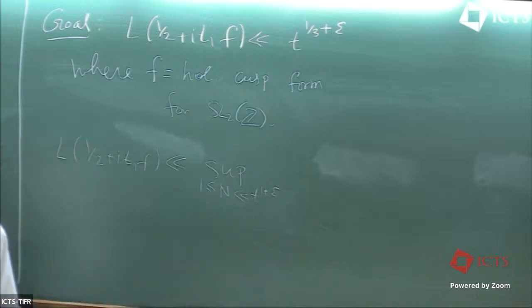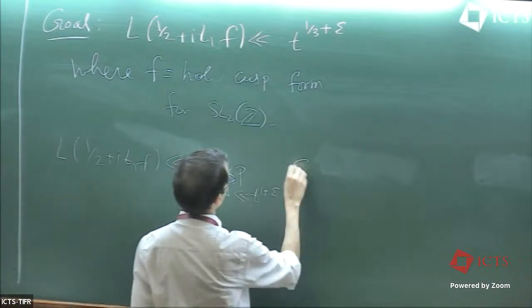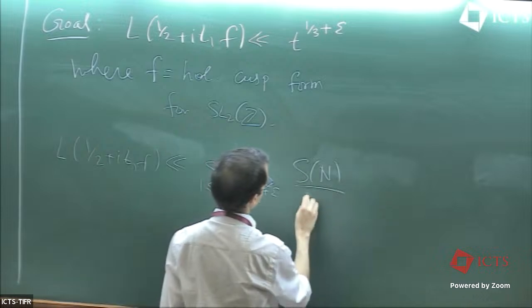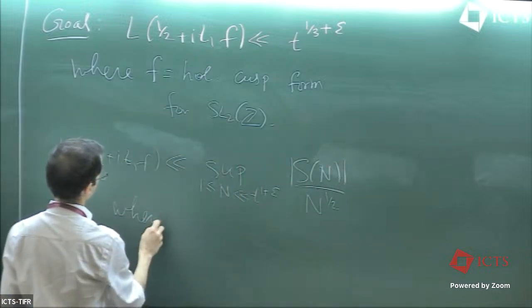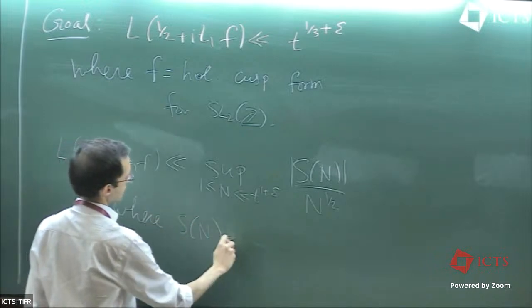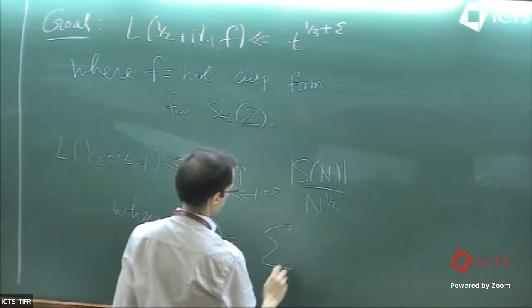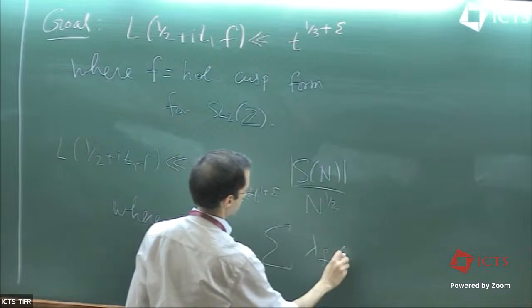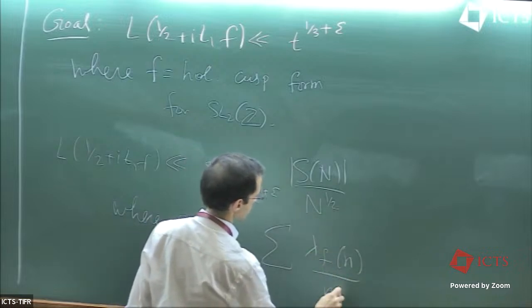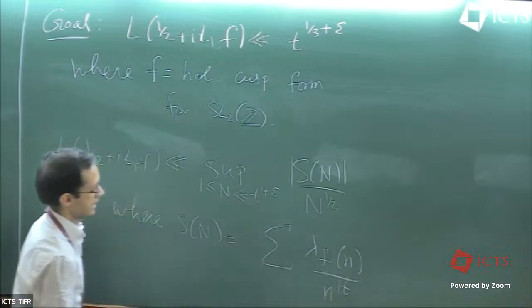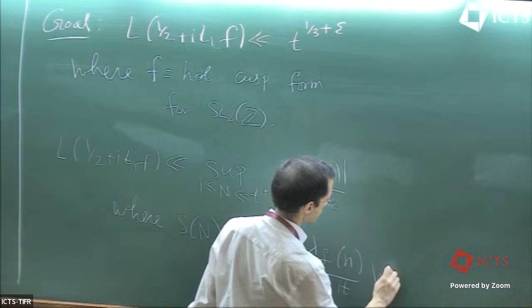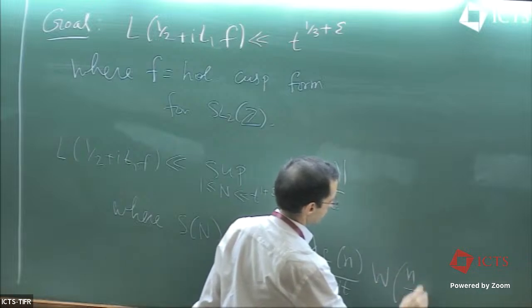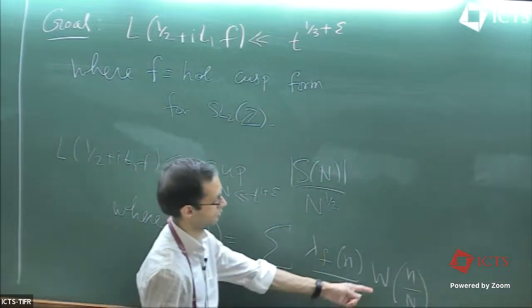The conductor was T squared, it's T raised to the degree. Then the sum that you have to estimate looks like this, and we said that there will be a smooth weight function that is supported between 1 and 2.